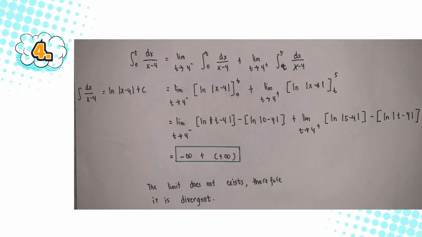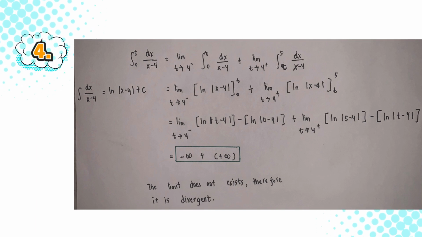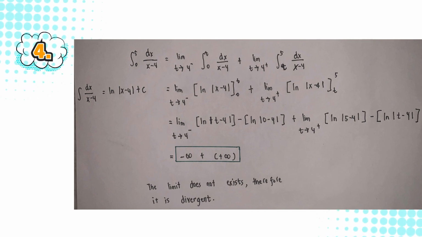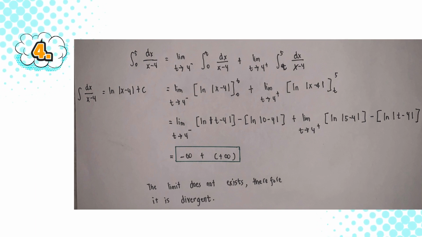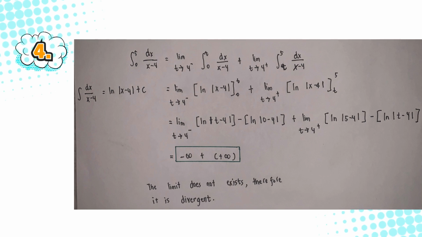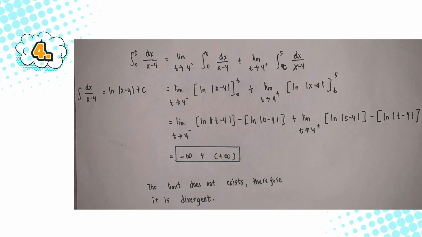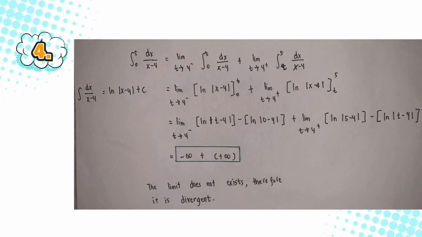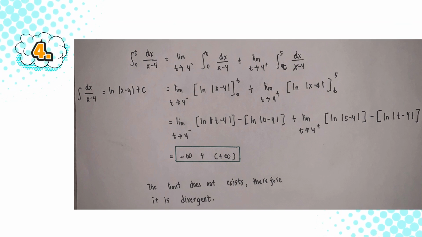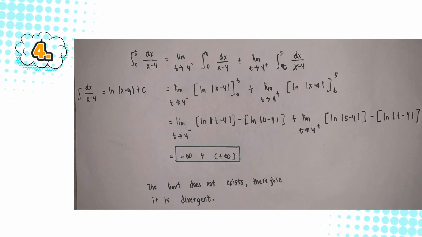So the limit of ln of the absolute value of x minus 4 from 0 to t as t approaches 4 from the left, plus the limit of ln of the absolute value of x minus 4 from t to 5 as t approaches 4 from the right.